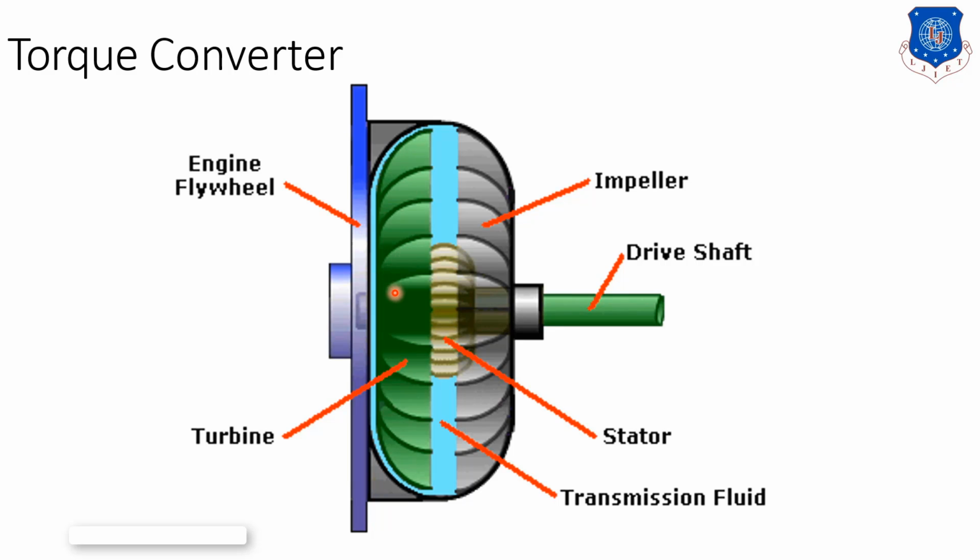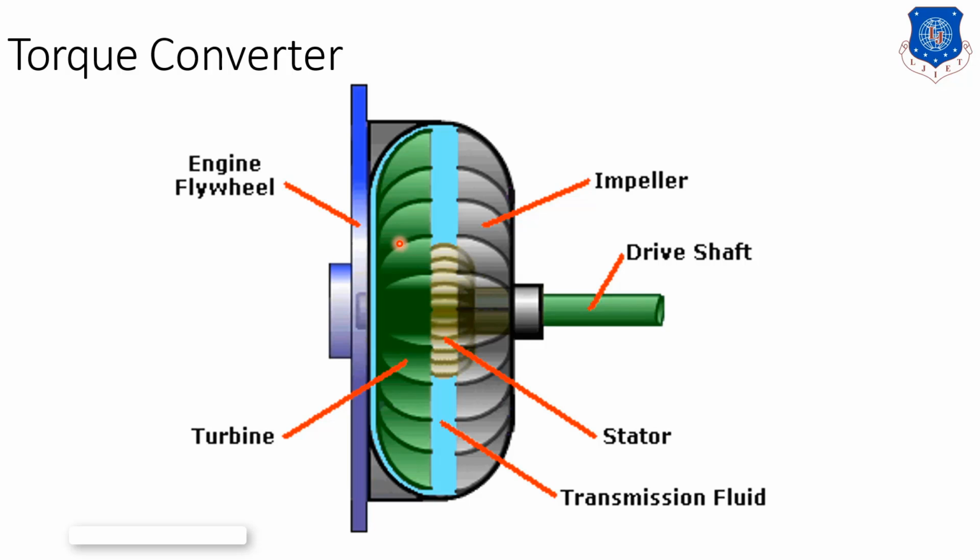The impeller is connected to the engine and flywheel, so the impeller, or pump, is connected to the engine shaft, and the turbine is connected to the drive shaft, which is the output. Between the two, the stator is used. The function of the stator is that the fluid coming again from the turbine is always high pressurized and is transferred again onto the impeller, or pump.